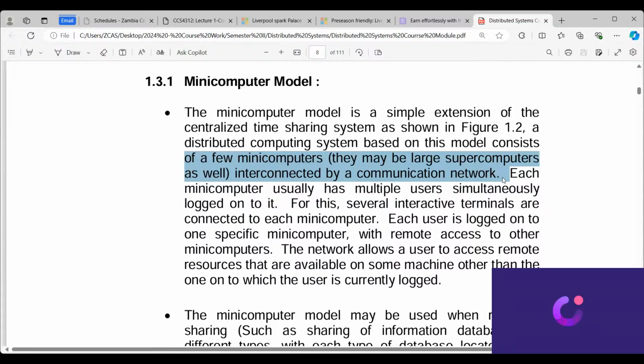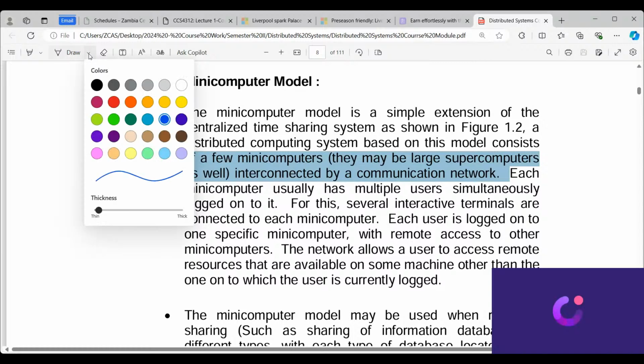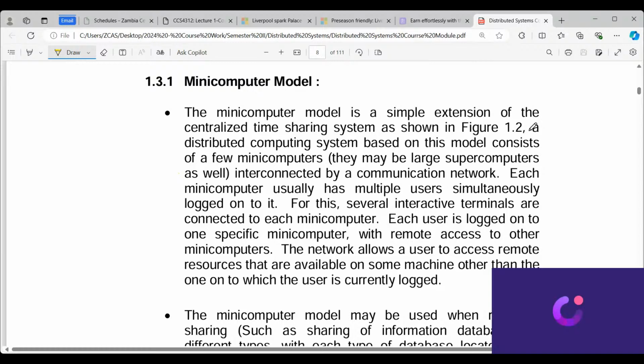The model that this is based on consists of few mini computers.